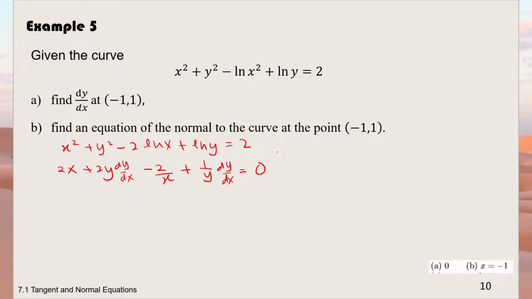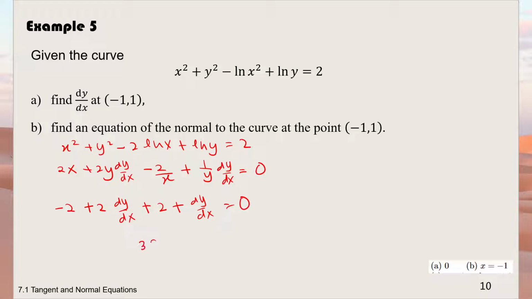Because the question says looking for dy dx at negative 1, 1, you need no rearrangement. You just substitute negative 1 as x and 1 as y. So negative 2 plus 2 dy dx, and then this becomes plus 2. Negative 2 over negative 1 is 2, and plus dy dx equals 0.